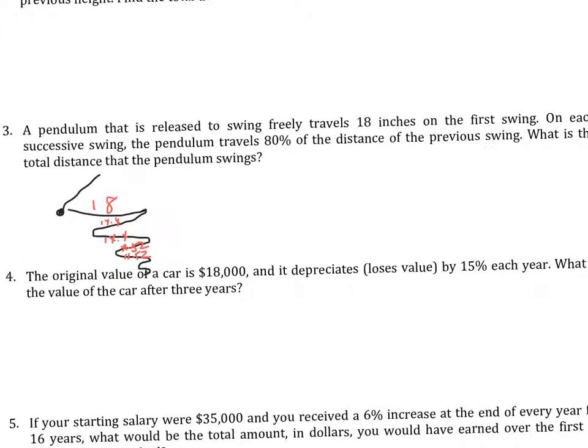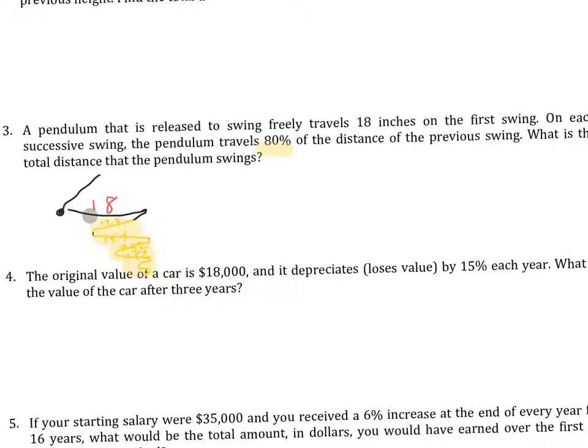And if you notice that from here down, it's following a pattern, and that's a geometric sequence because I'm multiplying it by 80% each time. So I want to try to convert this into a geometric sequence so then I can turn it into a geometric series to determine the total distance.